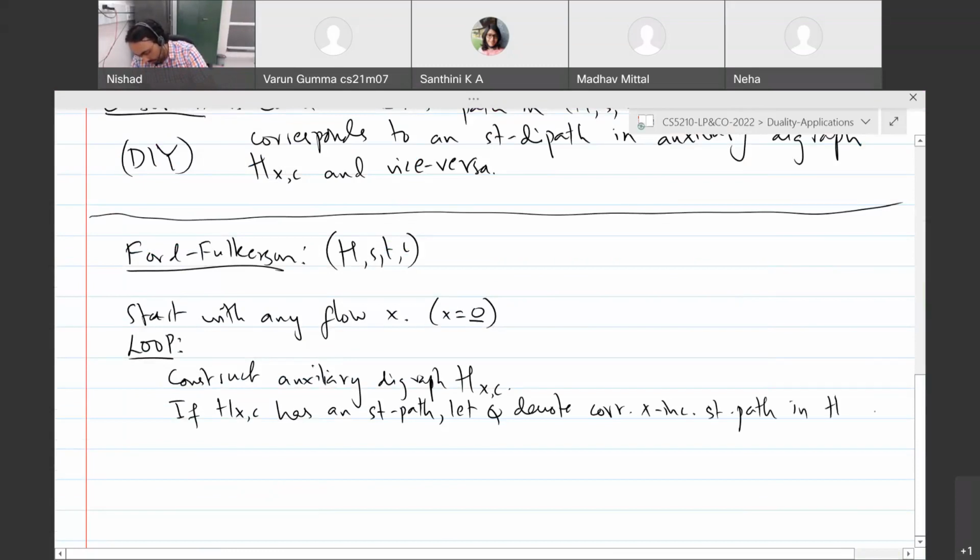In this case, we simply obtain x prime from x as per the proposition we discussed last time.